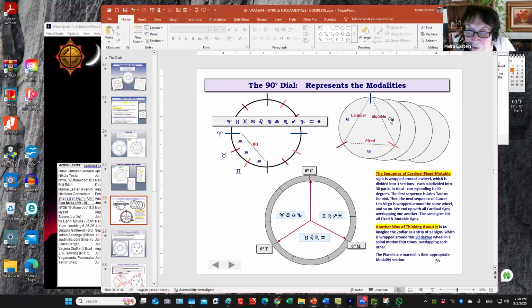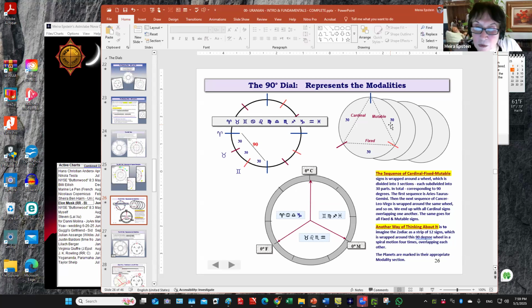But we continue after Gemini. We take Cancer, it falls here, Leo falls here, and Virgo falls here. Continue. Libra, Scorpio, Sagittarius. Capricorn, Aquarius, Pisces. We wrapped the whole zodiac 4 times.